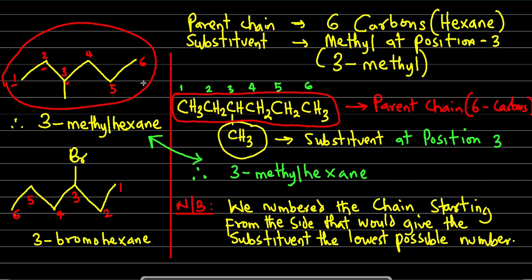But if I choose to come from this other side, this is 1, this is 2, 3, and 4. And once again, 3 is smaller than 4. So we're definitely going to go with the side that gives it the smallest number. So we start numbering from the left.